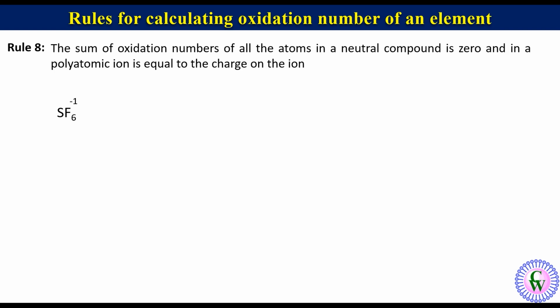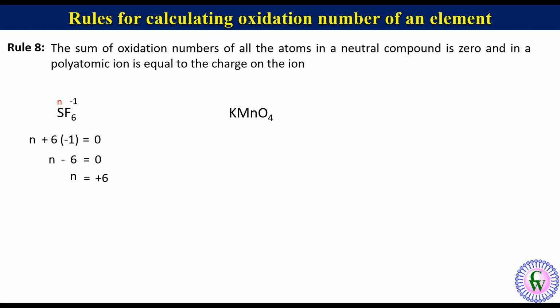Suppose the oxidation number of sulfur is N. Since SF6 is a neutral compound, we can write N + 6 × (-1) = 0, or N - 6 = 0, or N = +6. So the oxidation number of sulfur in SF6 is +6. Determination of oxidation number of manganese in KMnO4.